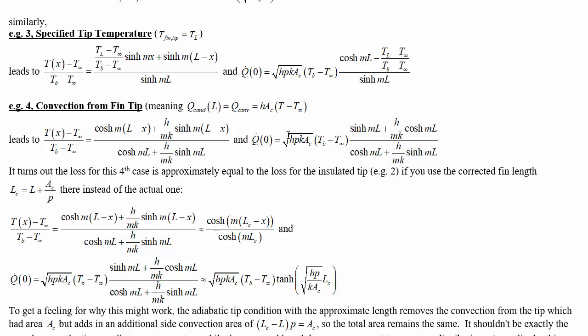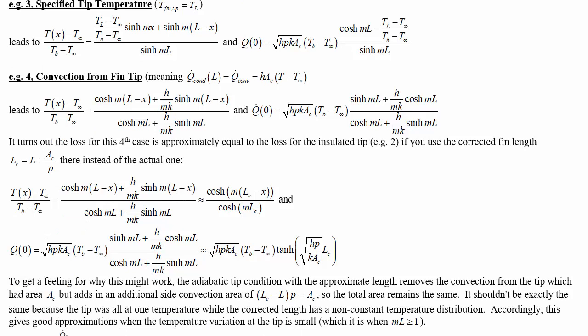Now, rather than using these, it turns out that these formulas, the temperature distribution and total heat dissipation, are almost the same as the adiabatic case, as long as you use the corrected fin length rather than the actual fin length.